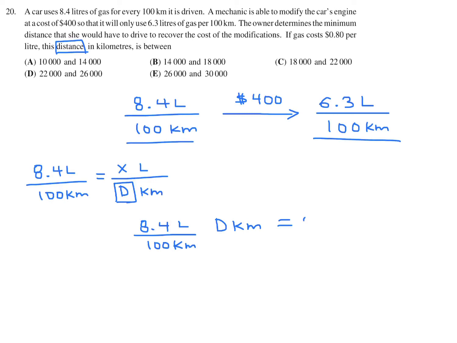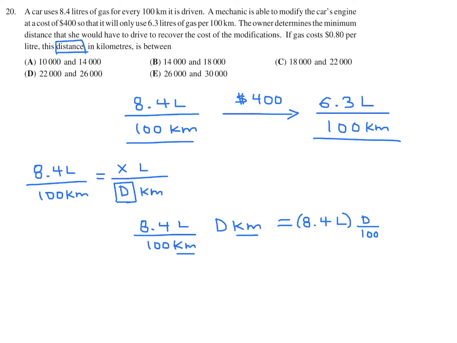So that gives me 8.4 liters. The kilometers cancel each other, so it just becomes a number, D over 100. Just a number. So this is how many liters I need to use to drive D kilometers. Whatever D is, D 100, 1,000, 20,000, whatever it is.